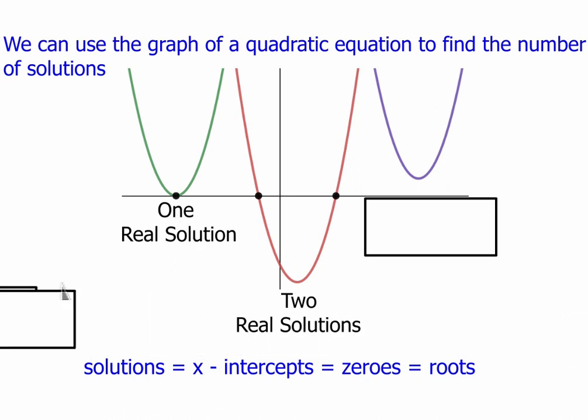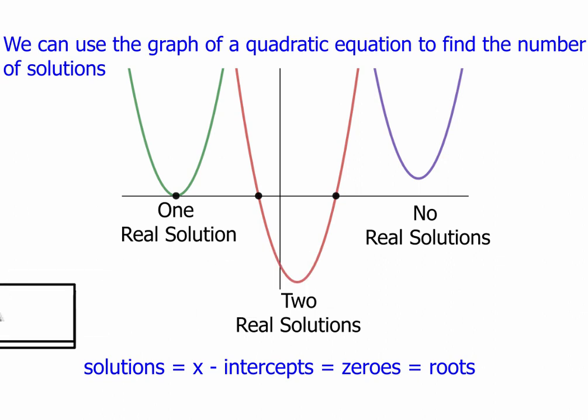We can have two real solutions, where the graph has two x-intercepts and touches the x-axis in two places. Or we can have no real solutions, where the graph does not touch the x-axis at all. It has no x-intercepts. So we can look at the graph and use that to determine how many solutions there are.